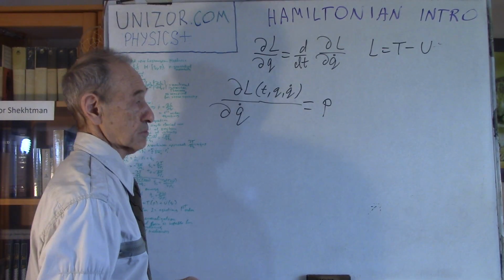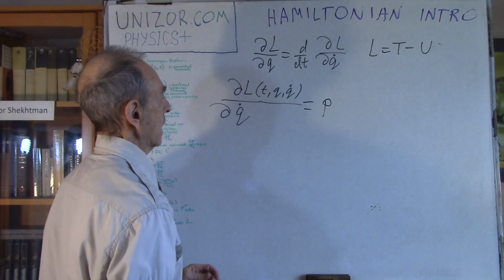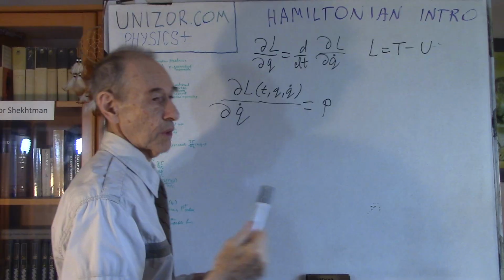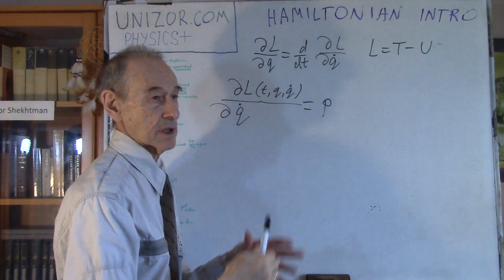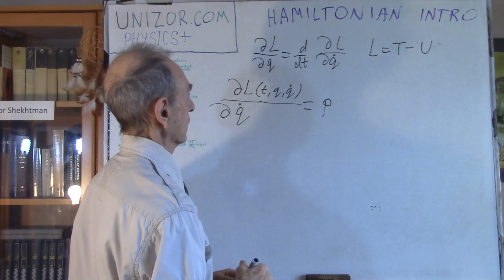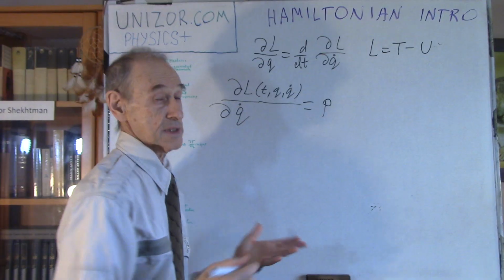It's a definition, basically. Now, obviously, when I'm writing just q, I mean q1, q2, q3, etc. These are generalized coordinates.